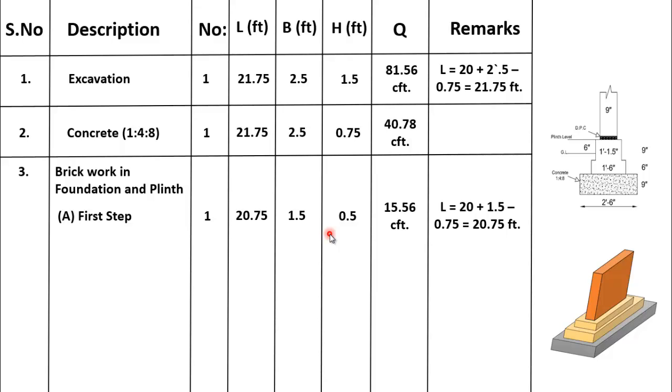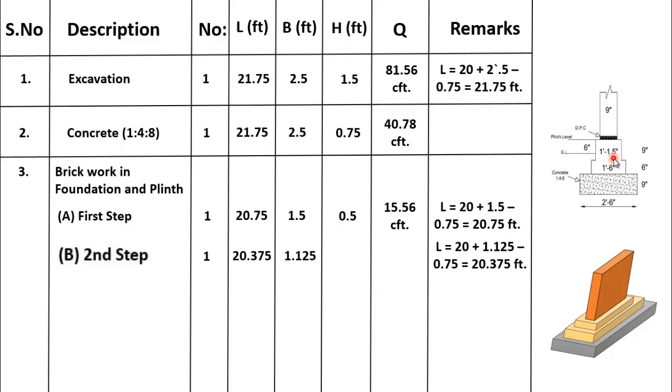Now we will calculate brickwork in plinth or second strip. The number of the wall is same, that is 1. Using same method, we will calculate the length of the second strip, that is length is equal to 20 plus 1.125, which is the width of the second strip, minus 0.75, which is the thickness of the wall. We will get length of the second strip is 20.375 feet. Now from cross section, it is clear that the width of the second strip or plinth is 1 feet 1.5 inches, or you can say that 1.125 feet.